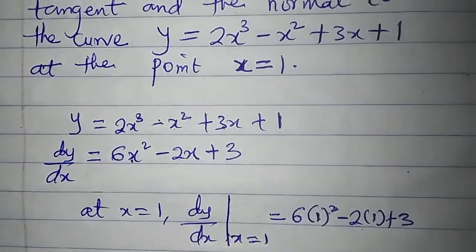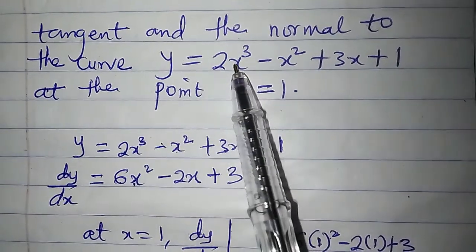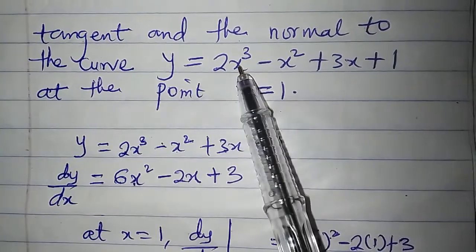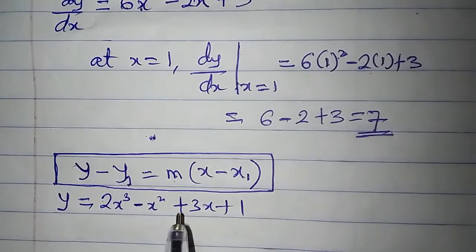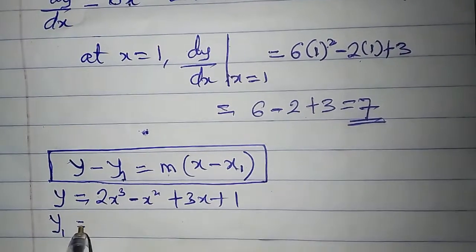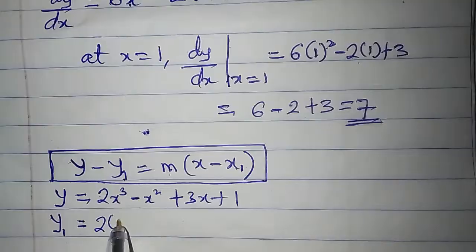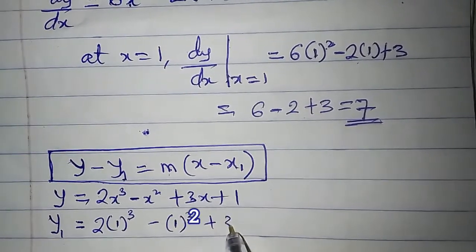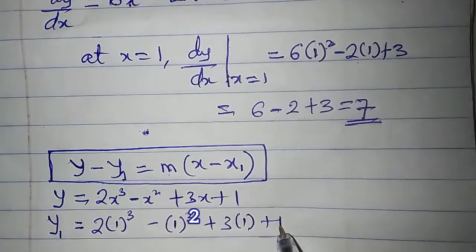To get y1, in place of x here in this equation of the curve, we'll write 1. So in place of x here, we are going to write 1. y1 will now be equal to 2 times 1 cubed minus 1 squared plus 3 times 1 plus 1.